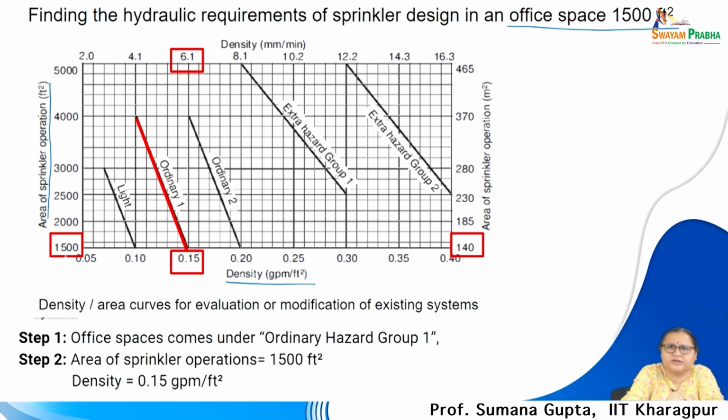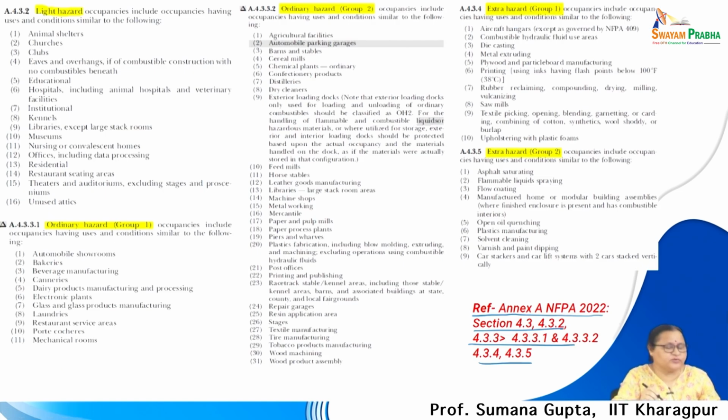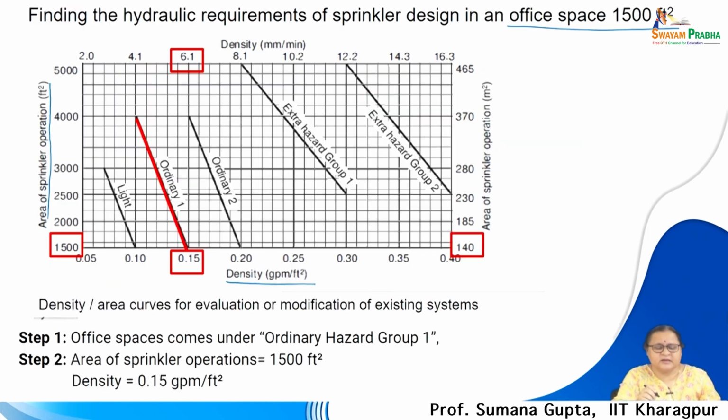I am just showing you how to read the graph. This is 1500 square feet, and if it is an office space, if I had gone into details of this chart, you would have seen that office space comes under ordinary hazard type 1. So, under ordinary type 1 and area 1500 square feet, we need a density in gallons per minute per square feet of 0.15.